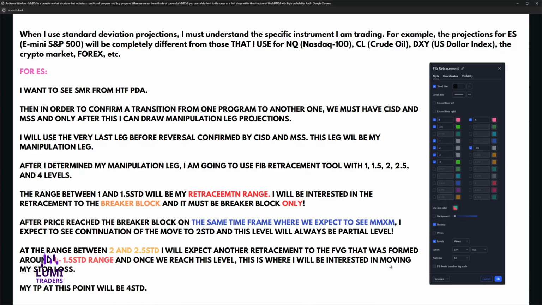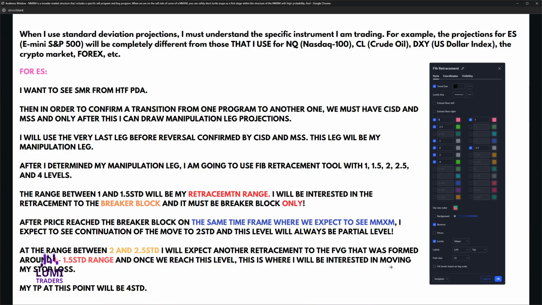Okay, once again, I want to see smart money reversal confirmed by a higher time frame PD array, change in the state of delivery, and market structure shift. Only after this can I start drawing the manipulation leg projection. I will use the very last leg before reversal confirmed by, once again, higher time frame level, change in the state of delivery, market structure shift.